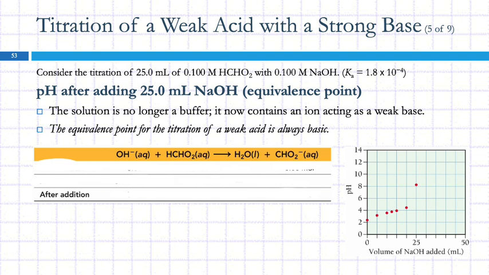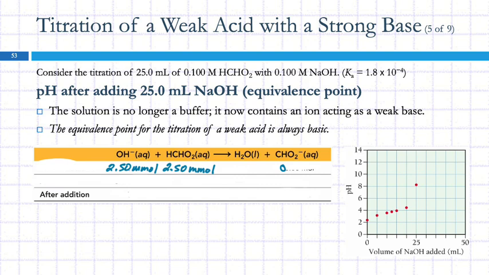So that's 2.50 millimoles of the acid. And I've added 25 milliliters of 0.1 molar sodium hydroxide. 25 milliliters times 0.1 is 2.50 millimoles of sodium hydroxide. And this starts out at 0.